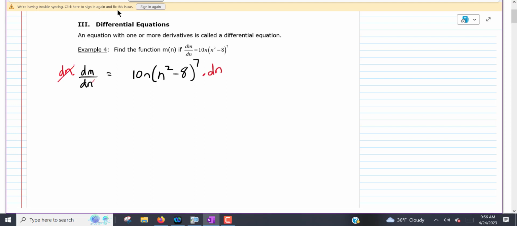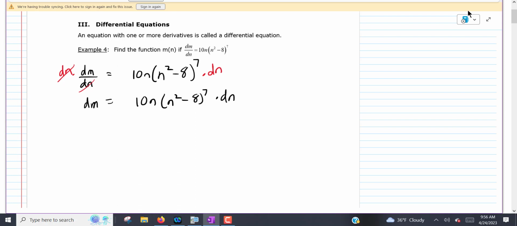Okay, so what we call this is a separable differential equation. You want all of your variables kind of on different sides of the equation. So what we'll have is dm is equal to 10n times n squared minus 8 to the 7th, like that, times dn. Okay, so that's a good way to start the problem. Now, if I'm going to find m, I have to do the antiderivative.